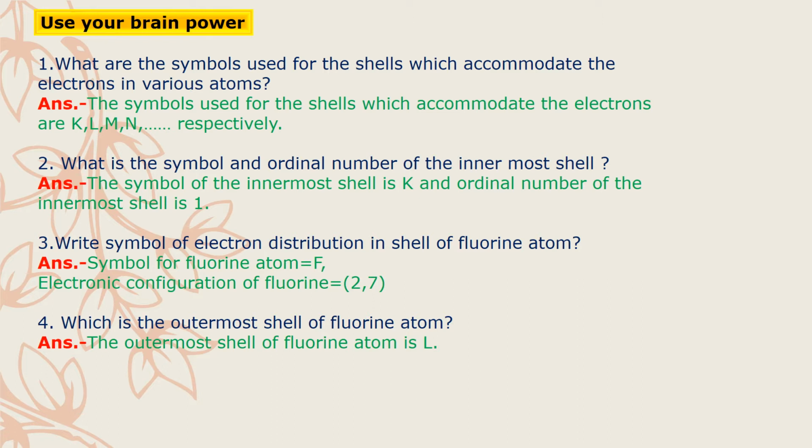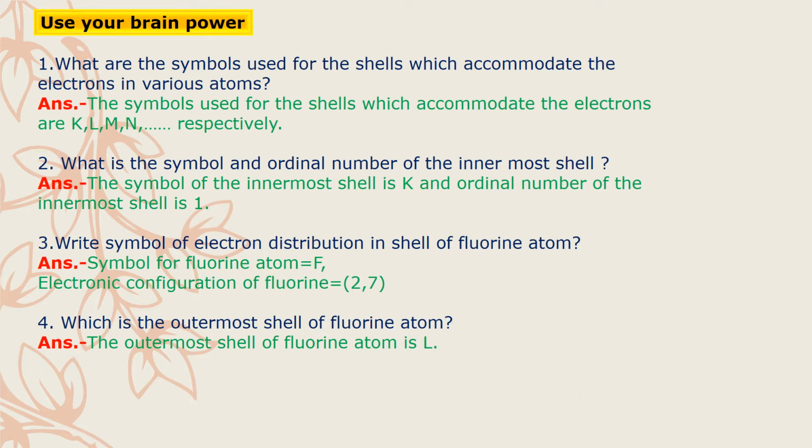Now third question, write the symbol and electron distribution in shells of the fluorine atom. The symbol for fluorine is capital F and the electronic configuration of fluorine will be 2, 7. Now which is the outermost shell of the fluorine atom?